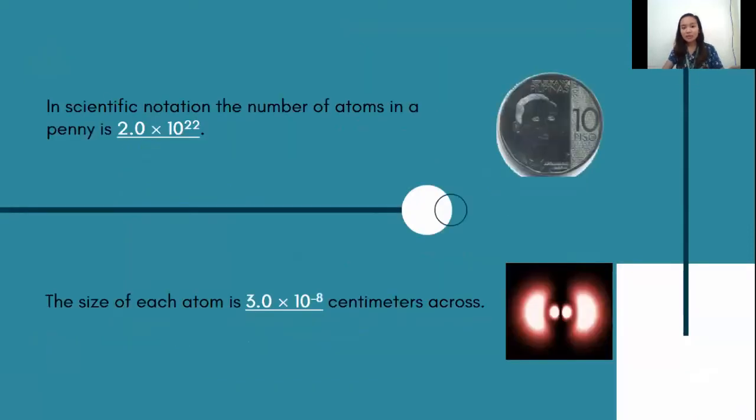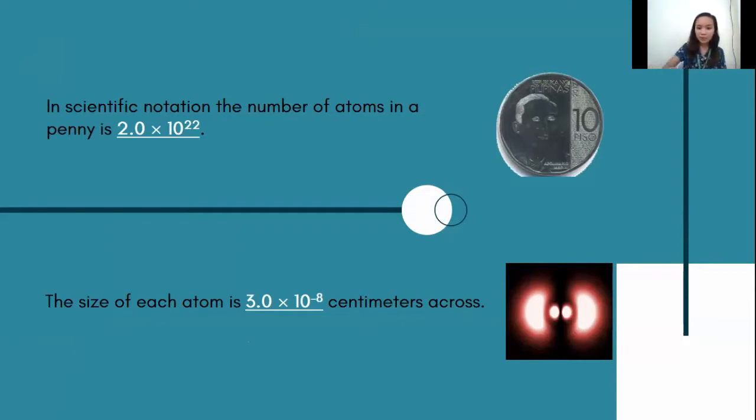So for example, you can write those values in scientific notation form. This one, 2.0 times 10 raised to 22. Or the size of each atom is 3.0 times 10 raised to negative 8 centimeters.